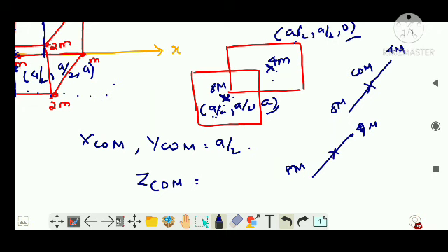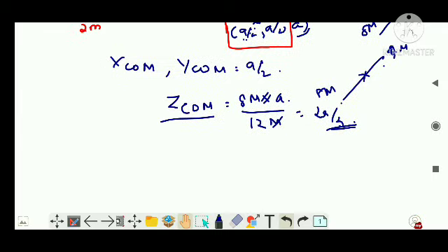Let's say I take the distance from 4m. So it is mass 8m into the distance between these two, which is a, divided by 12, since 8 plus 4 is 12. The m cancels, so it will be 2a by 3. So zcom is 2a by 3 from 4m. So the coordinates of the center of mass are a by 2, a by 2, and 2a by 3.